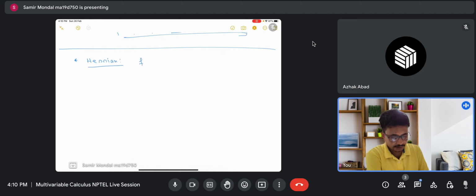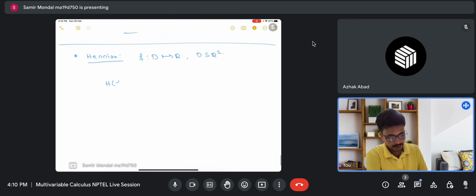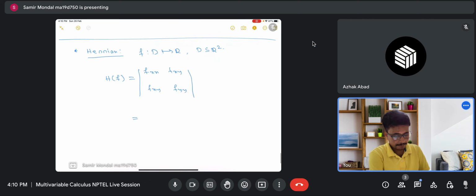Suppose you have one function f defined from D to R, where D is a subset of R2, so we are talking about only two-variable functions. The Hessian of the function f is the determinant of this matrix: f of xx, f of xy, f of yx, f of yy, which means f of xx times f of yy minus f of xy squared. This is your Hessian of a function. Is it fine?